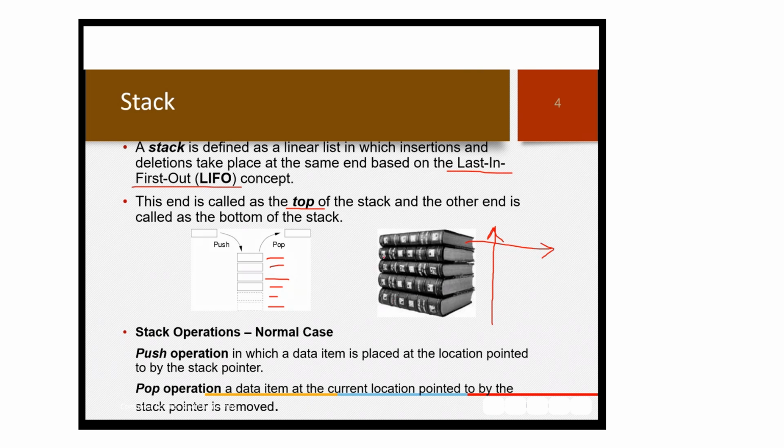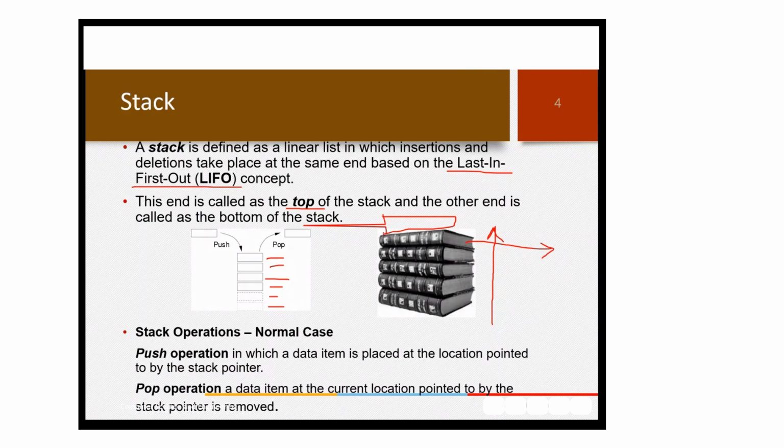So how do we know which object has to be removed when I have so many objects? Somebody has to monitor or maintain this. Similarly for pushing, assume that I need to put a new object here. Now I should know where I should put this new object. We say top of the stack.